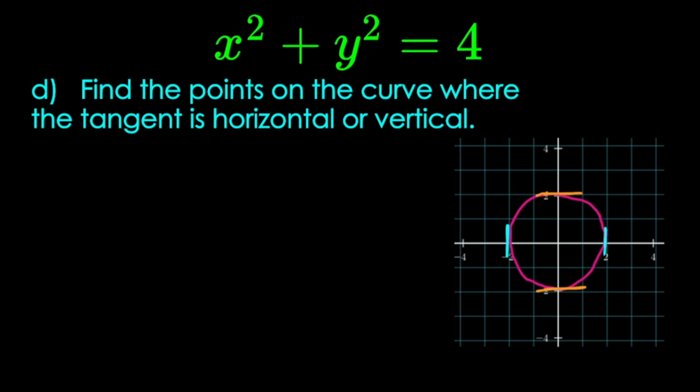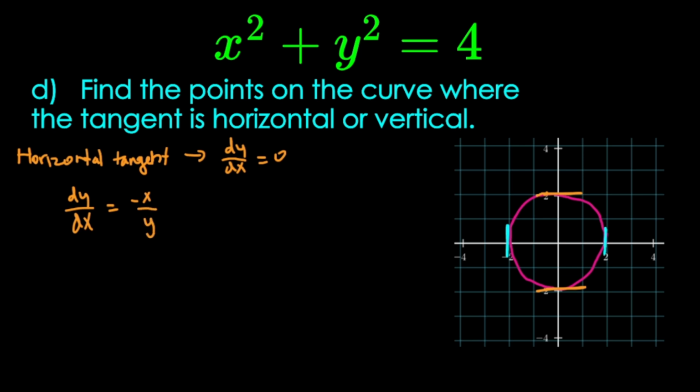So what we need to understand here is that a horizontal tangent has a slope of 0. That means that dy/dx has to equal 0. So if a horizontal tangent line has a slope of 0, and we knew that dy/dx was negative x over y, think about when that result might come out 0.